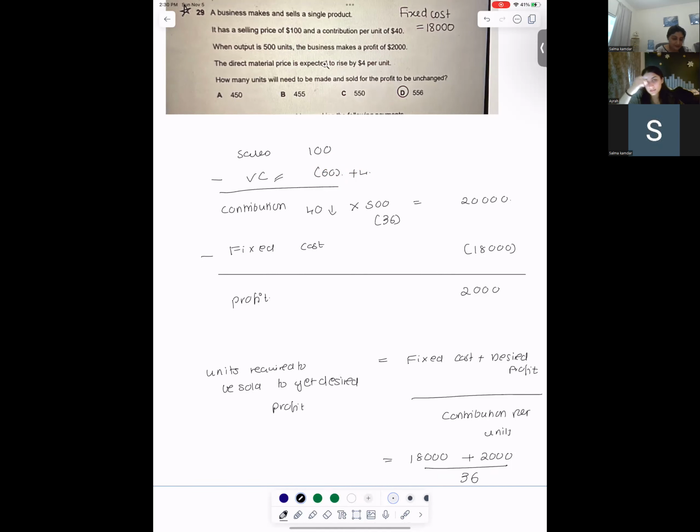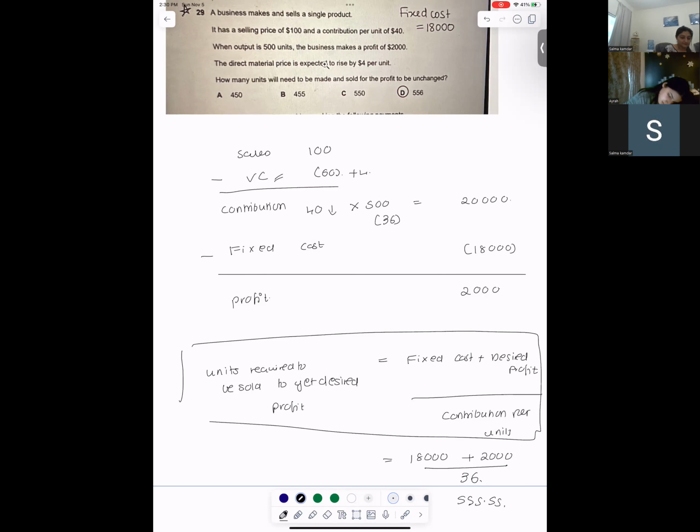So 36 into X is supposed to give you 20,000 divided by 36. So you're getting an answer of 555.55. You go by this formula, units required to be sold to get the desired profit: fixed cost plus desired profit upon contribution per unit.